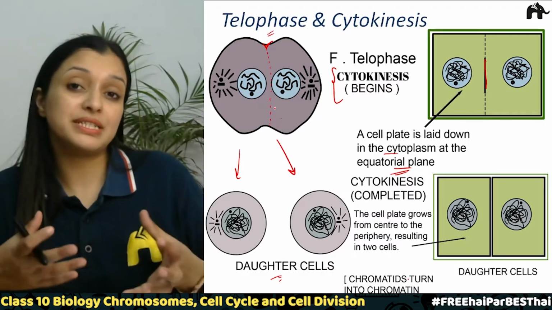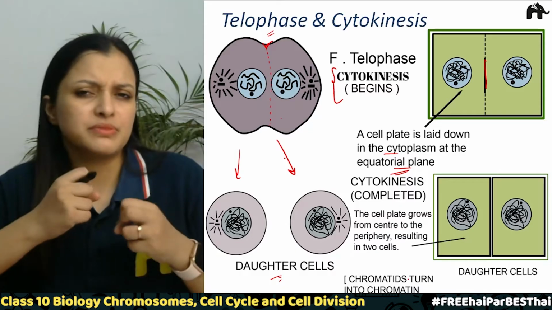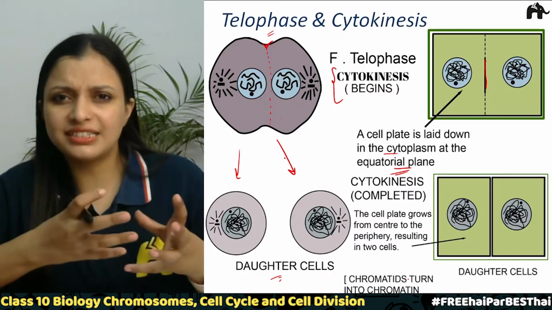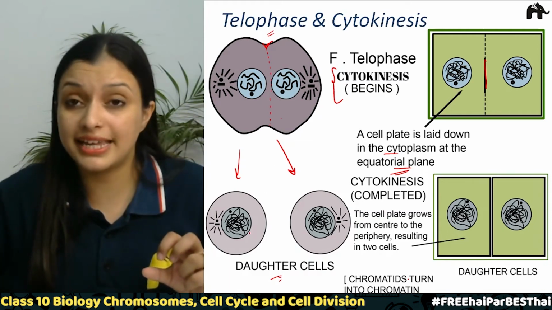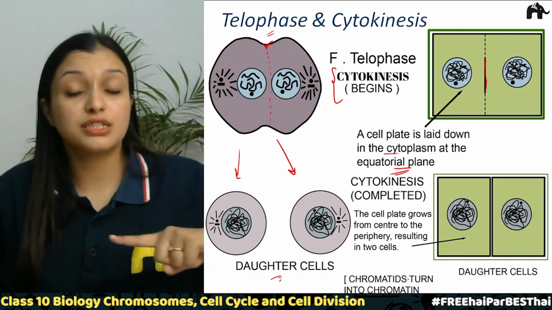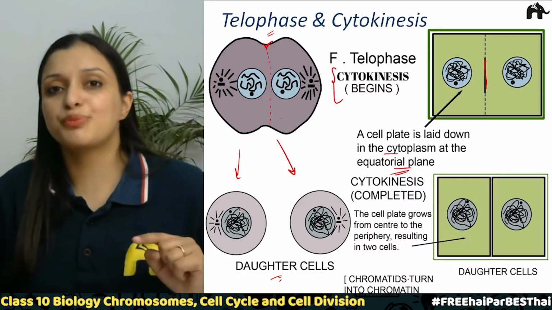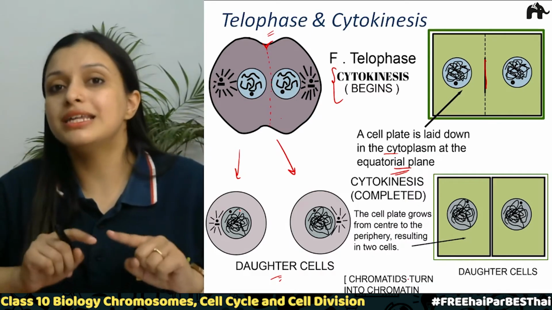So these chromatin fibers start becoming those jumbled or entangled thread-like structures, and the chromosomes are now visible like this. We also discussed the nuclear membrane and nucleolus disappearance in the prophase. Both of them start reappearing in telophase.